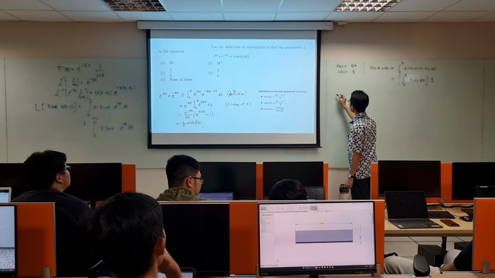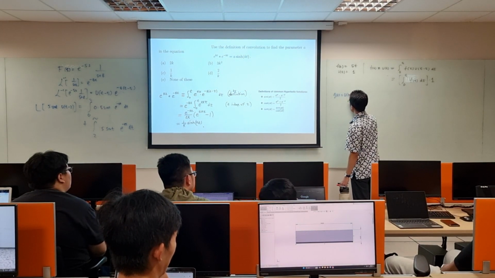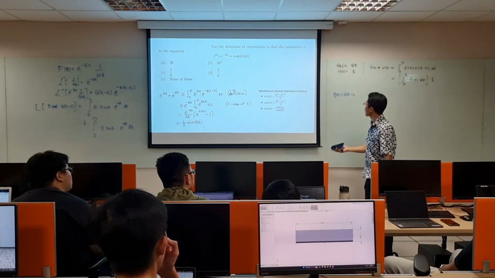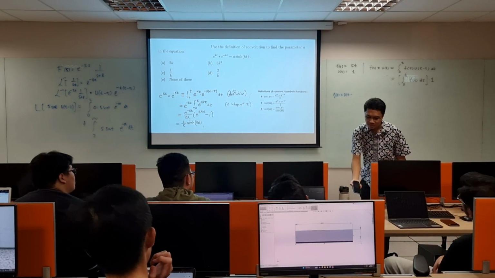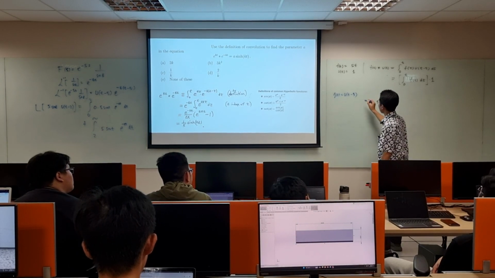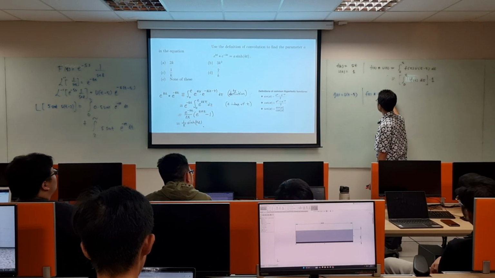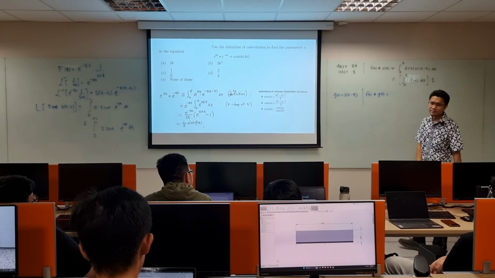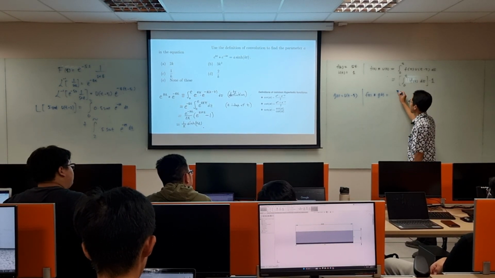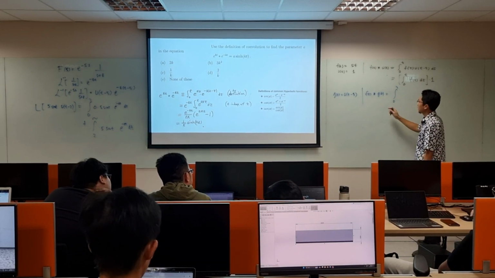So let's say your g(t) is u(t minus 3). Like this one, okay? What about f(t)? How do you write it? The integral becomes 0 to 3 and 3 to t.